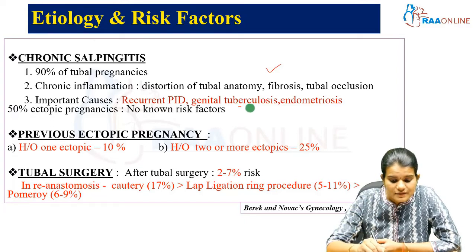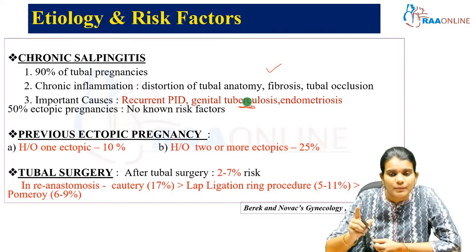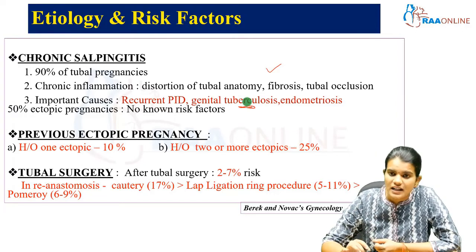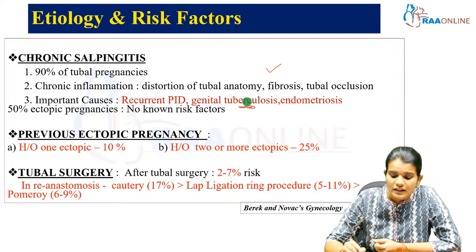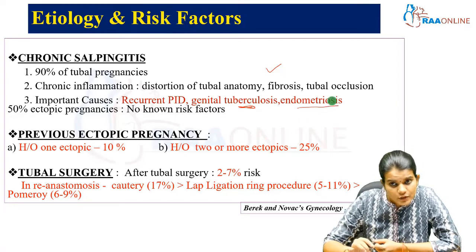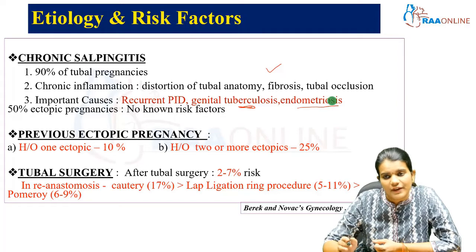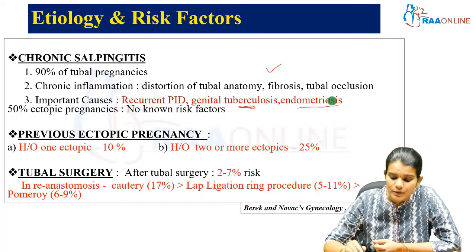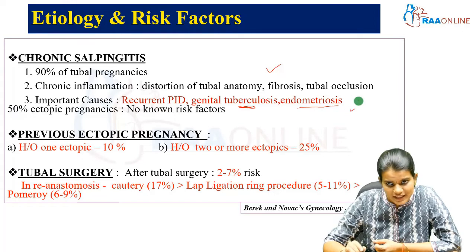Genital tuberculosis, as far as India is concerned, is still the number one cause of tubal factor infertility. Then endometriosis. Genital tuberculosis is in fact more in the north of India than the south. Having practiced in both parts, I hardly see any genital tuberculosis in my practice in Chennai. However, in north India, we used to see so many cases of genital TB every day.